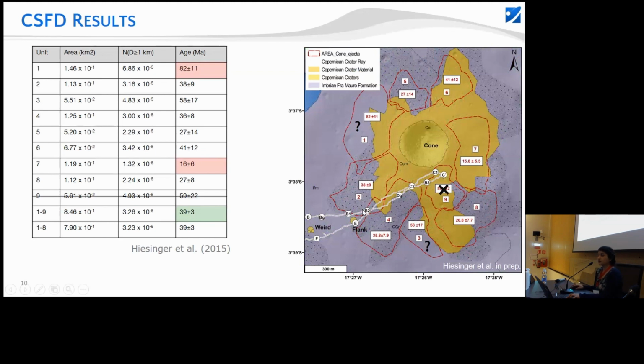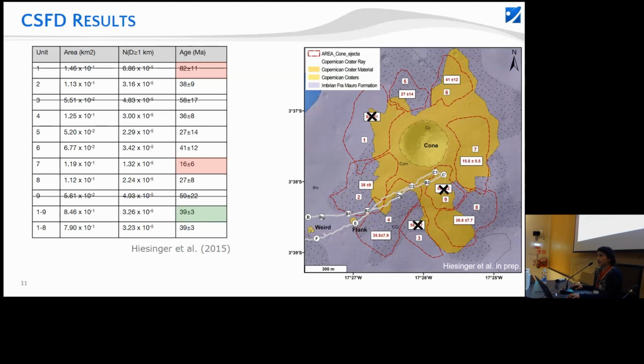Here I have to point out that this dotted material I mapped is also ejecta material, like a ray material of Cone Crater, and the yellow part is proximal ejecta. So these are the obvious ones that we don't include or don't consider. And with that, Harry says that he will map the whole area again.